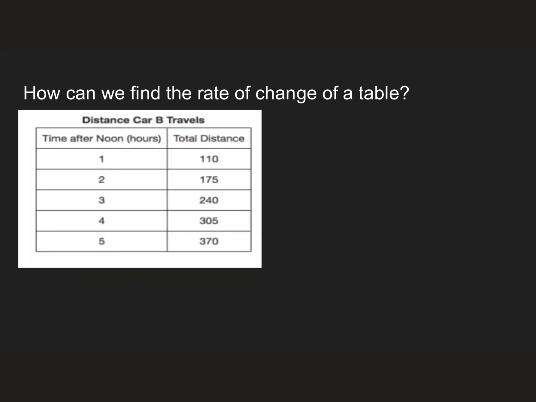Let's look at this one. In this case, we are looking at time, afternoon, and total distance for a distance a car travels. So do the same thing. You're going to choose 2 points, and then you are just going to use the slope formula. Slope formula is going to be your friend. So I've got the point 1, 110, and the point 2, 175.